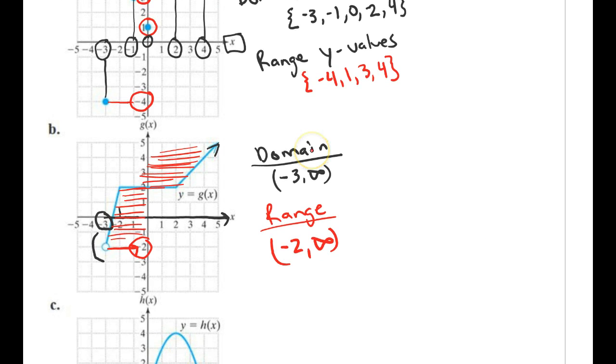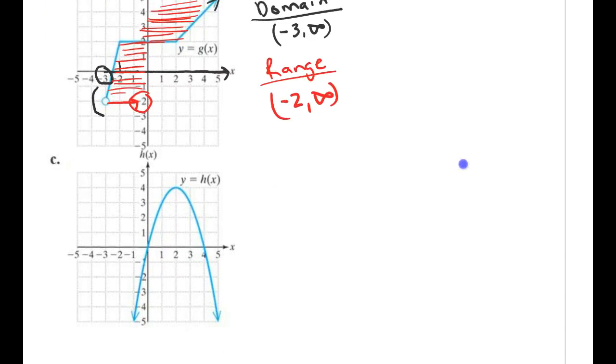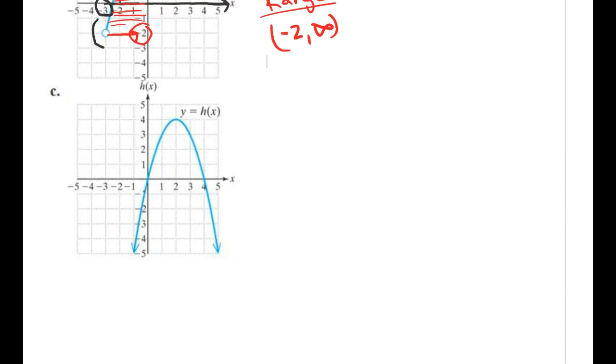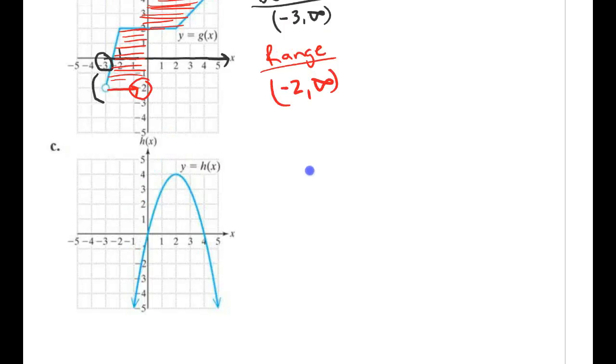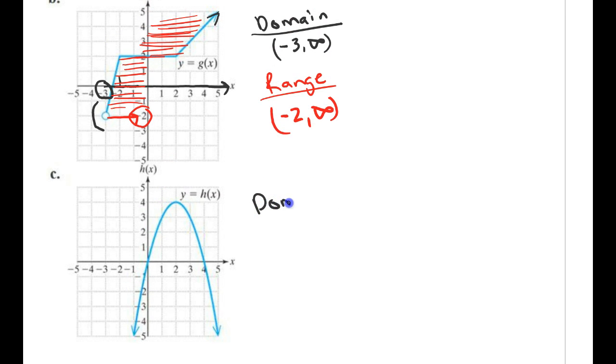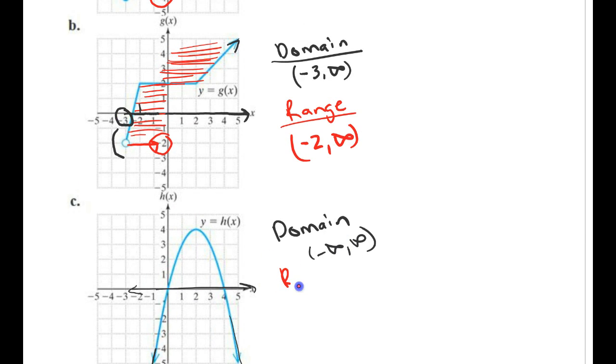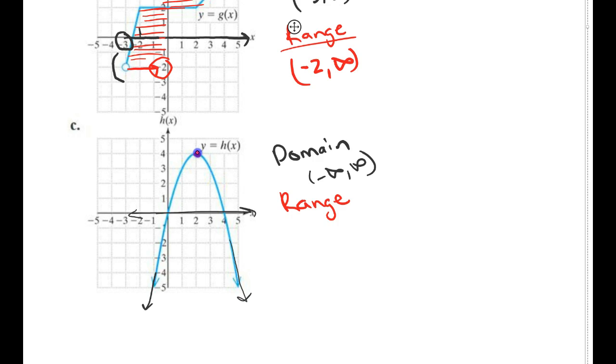So domain is x values, range is y values. Let's look at this example here. The domain, well, this arrow says it keeps going forever, and this arrow keeps going forever. So the domain here is actually -infinity to infinity. And the range is going to be 4, including 4, right?